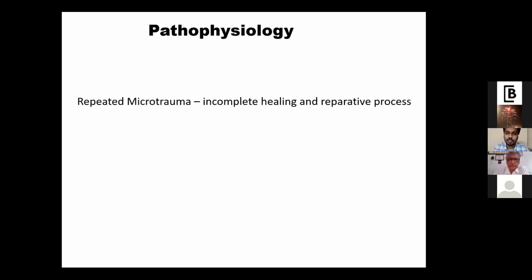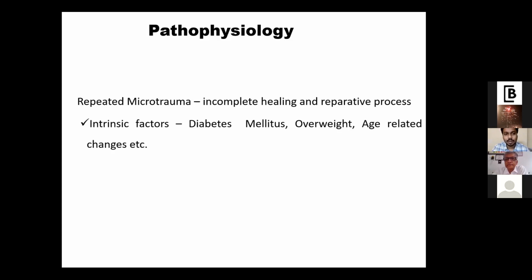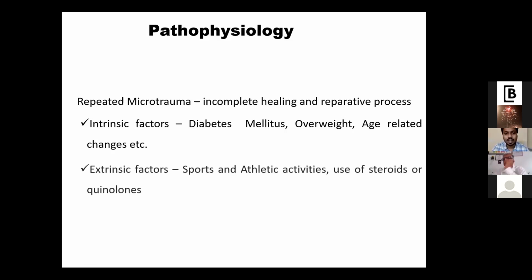So what is the pathophysiology here? The pathophysiology is basically repetitive microtrauma. Repetitive microtrauma leads to injury to the tendon, which does not heal properly, and the reparative process also does not take place properly. There are intrinsic factors that contribute to this, which are diabetes, overweight, age-related changes, and extrinsic factors.